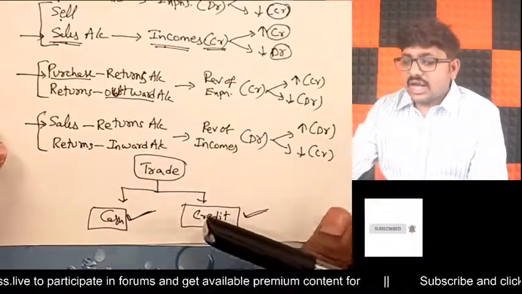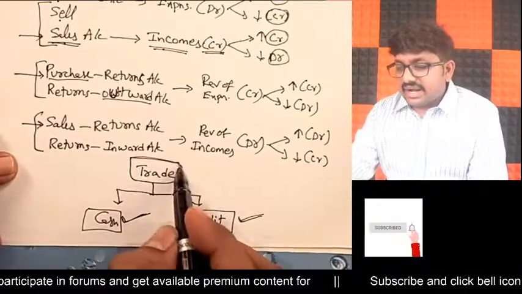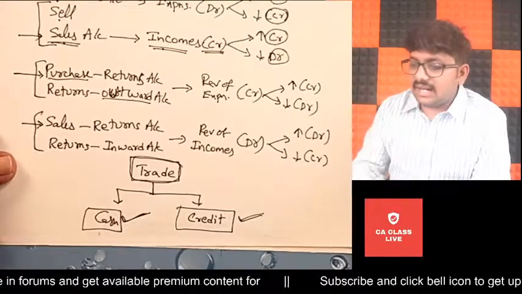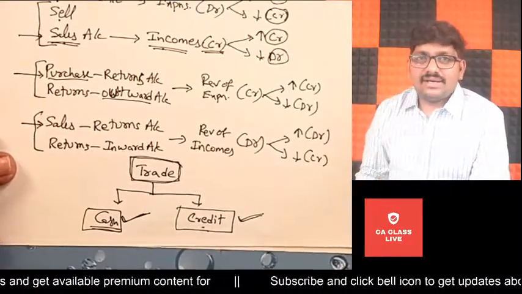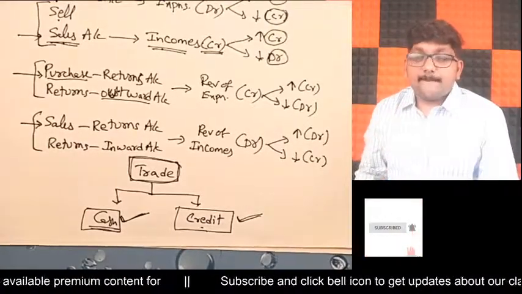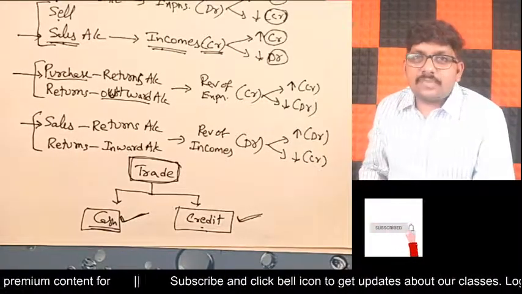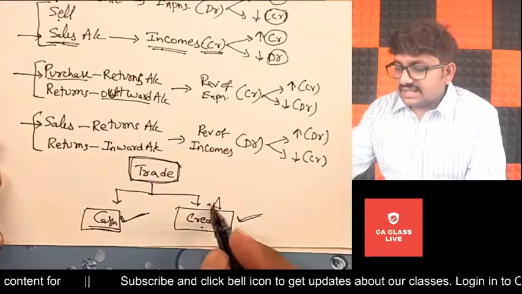So let us start. By the way, I forgot to tell you. Sir, they said some trade has happened. It means buying or selling something has happened, but they did not tell us either for cash or for credit. They mentioned, for example, we purchased goods, but they did not mention whether it is for cash or for credit. By default, I will take it as credit transactions.